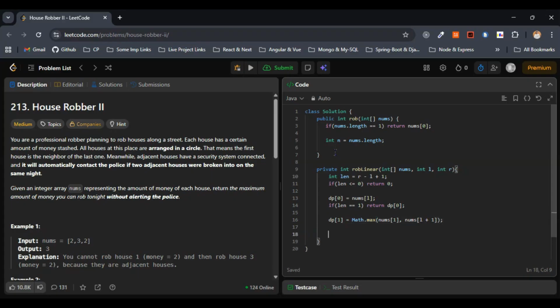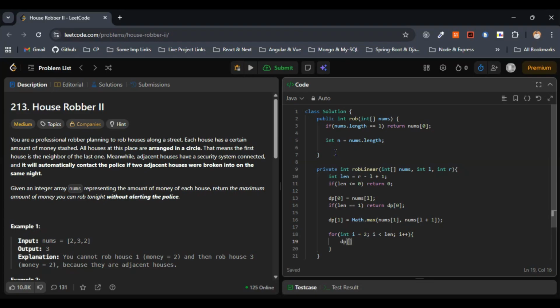Now let's fill the DP array for the rest of the segment. Let's go with the for loop: for int i equals 2, i less than length, i plus plus. Within the for loop, we either skip the current house, that is dp of i minus 1, or rob it and add dp of i minus 2.